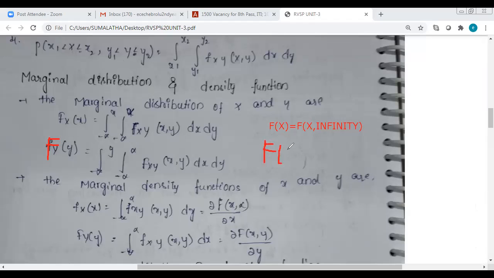Fy of y is equal to F of infinity comma y, since the x term will be infinity.